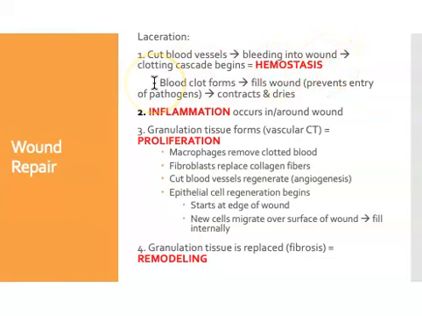So the blood is going to clot inside the wound. That blood clot is going to actually fill in that wound. And I said a minute ago that this is actually really important because that blood clot is going to do some work for us. It's going to help prevent things like bacteria and viruses and other pathogens from getting into that broken skin.